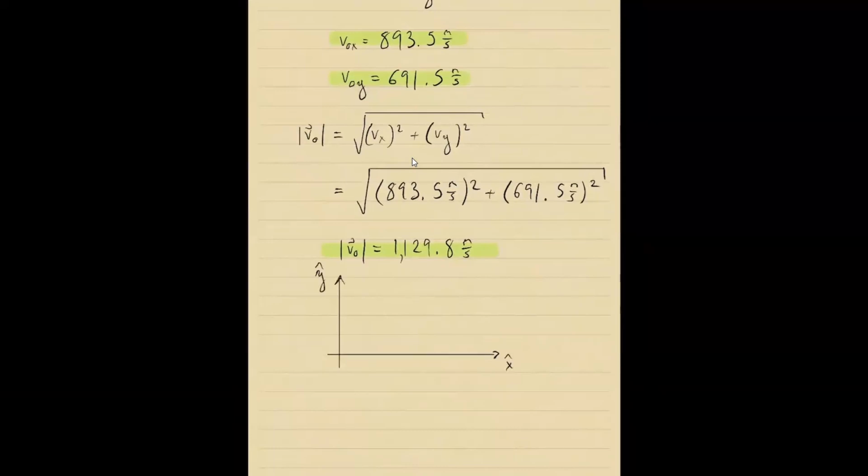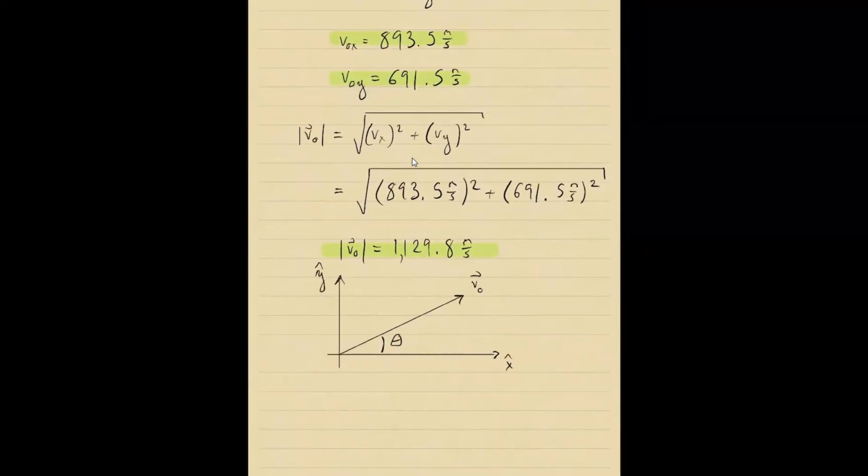The fact that the x and y components are both positive means that it's pointing in the first quadrant. So our initial velocity vector might look something like this. And the angle that it's trying to ask us to find is this angle theta right here.